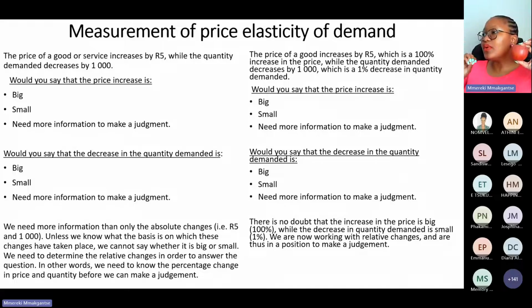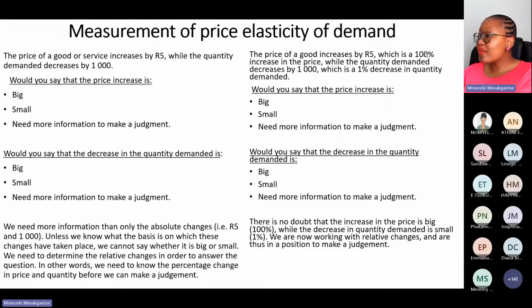And then we are told that the quantity demanded, the amount of apples you eat, didn't change much. It only changed by a 1% decrease. So this goes back to the example we made about the petrol, that sometimes even if some good or service goes up, depending on which item it is, it doesn't necessarily affect quantity demanded that much.